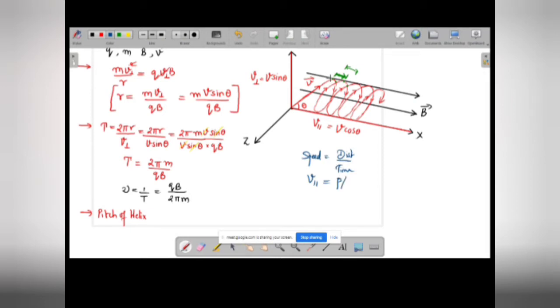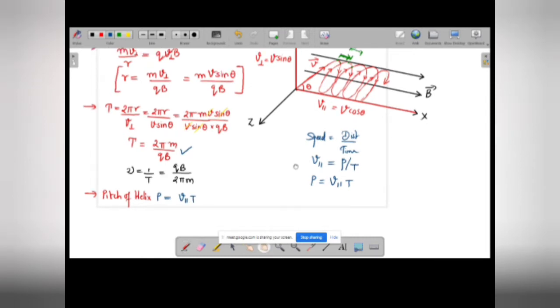The time is the same as the time period, because the time required for one complete revolution is nothing but the time period which we have already got. So pitch will be v parallel multiplied by the time interval.